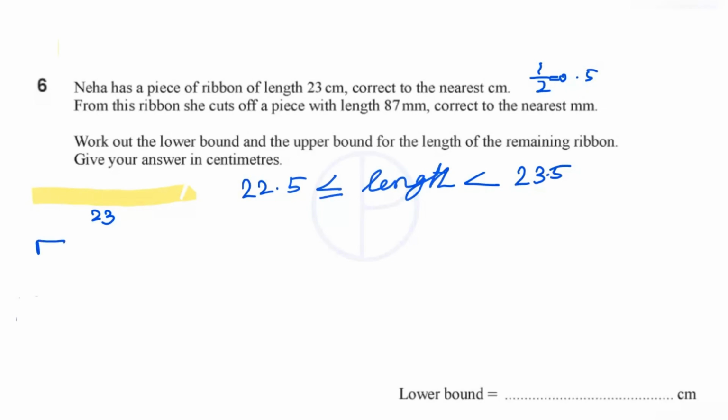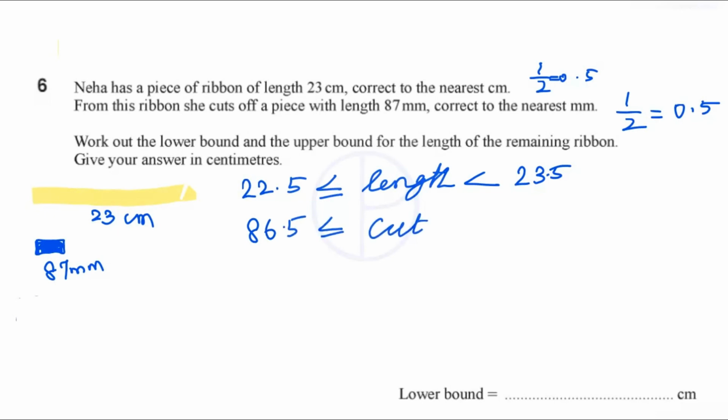And the cutoff piece is 87 mm, correct to the nearest mm. So 1 divided by 2 is 0.5. So 87 minus 0.5 is 86.5, less than or equal to the cutoff piece value, less than 87 plus 0.5, which is 87.5.